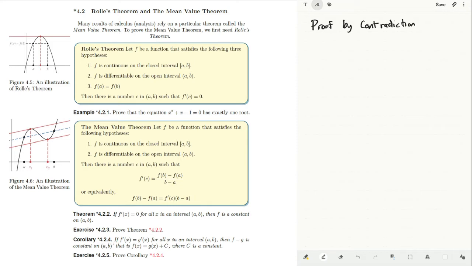So for this example, let's assume that f has at least 2 real roots. And we'll call them x1 and x2.